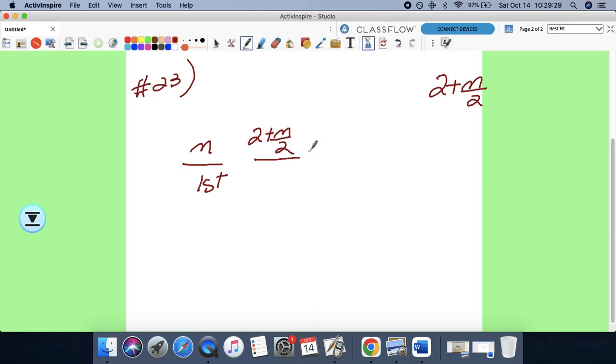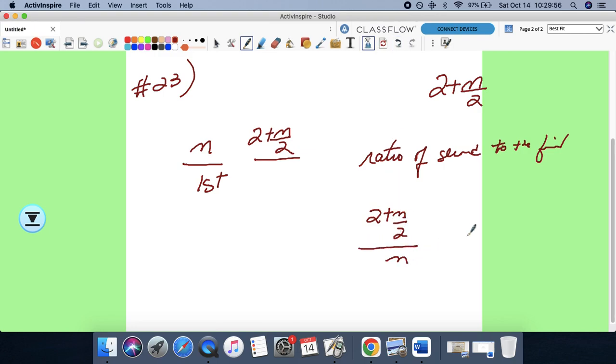So what's the ratio of the second term to the first term? The second one is 2 plus n over 2, over n. Did they want us to simplify?